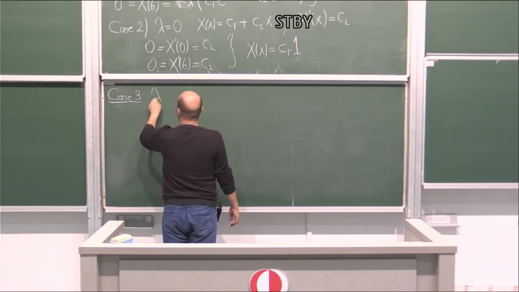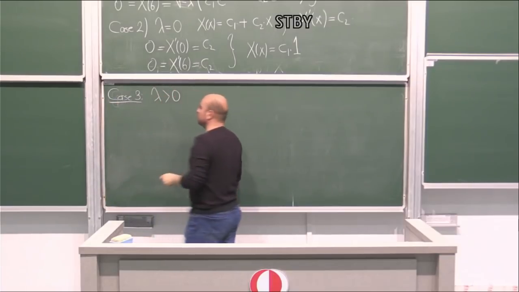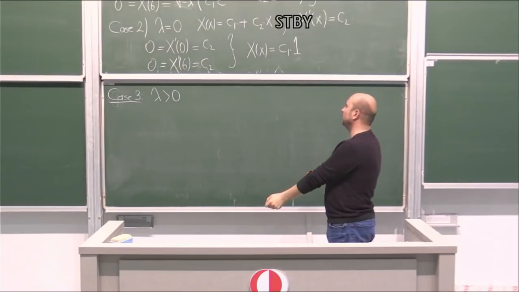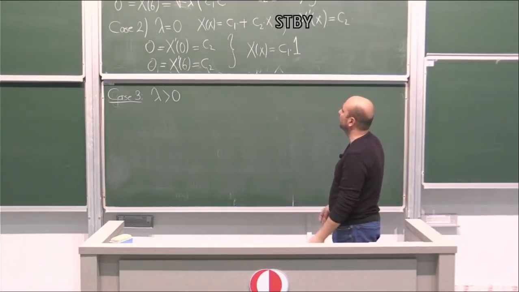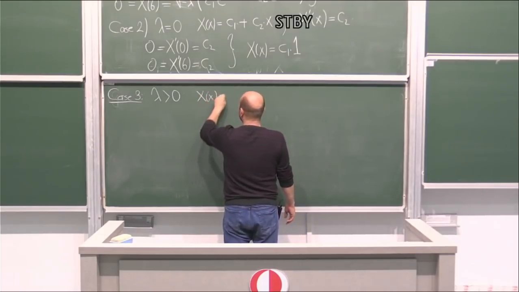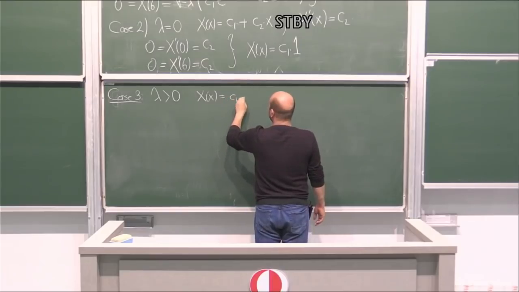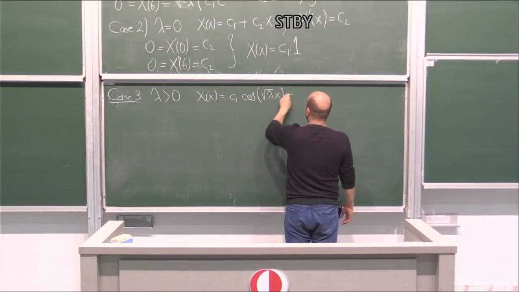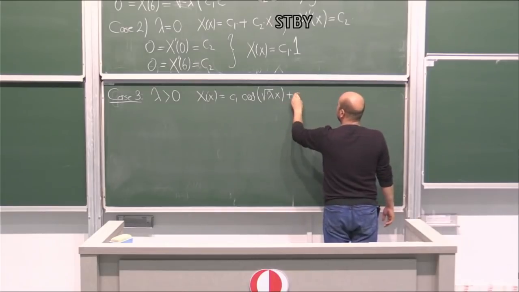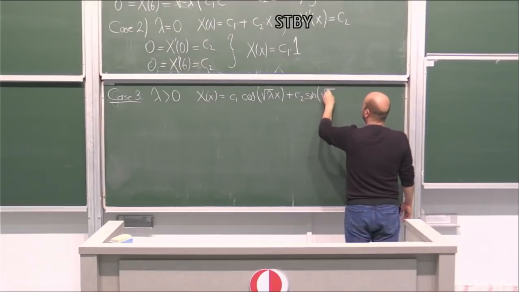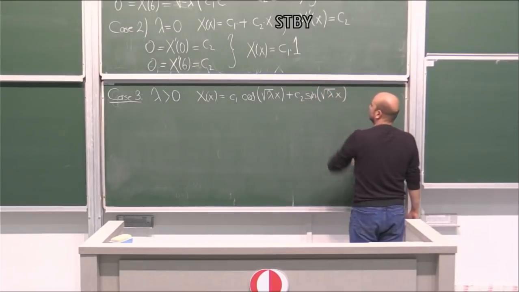Now lambda is positive. This time you will have complex roots, square root of lambda i and minus square root of lambda i. So this time our solution will be C1 cosine square root of lambda x plus C2 sine square root of lambda x.